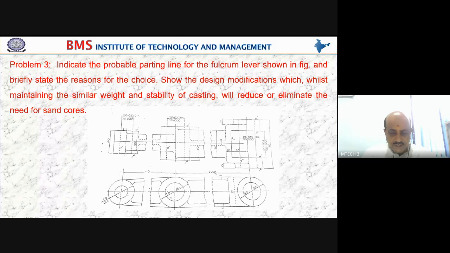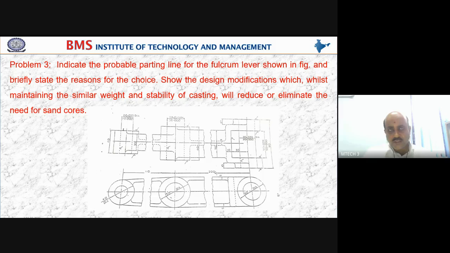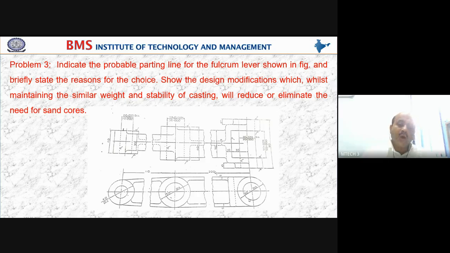The parting line will be in the center, sir. Parting line should be the center, right? Okay. What about the core, is a sand core required? Only towards the right end we should use the sand core, sir, and the rest of it we can do by casting only. Whether we have to cast it solid, or can we generate the feature by casting only? We can generate it by casting only.